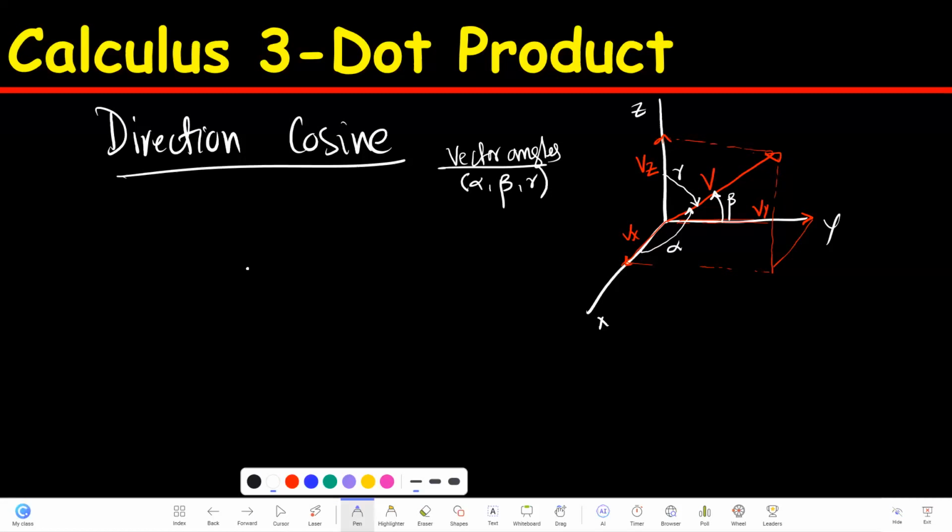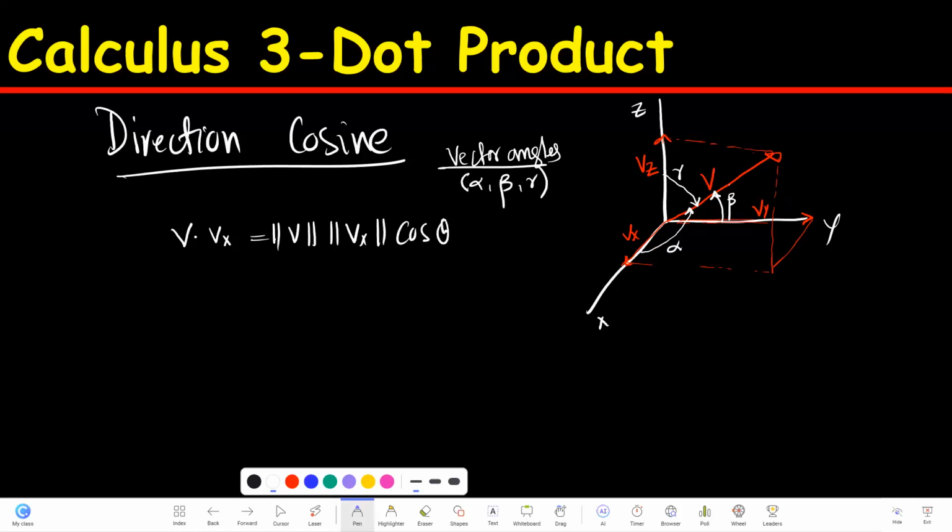Direction cosine is also really a dot product. So you take this vector and this vector and take a dot product. Let's suppose I do the dot product for alpha. So v dot vx equals v times vx times cosine alpha.